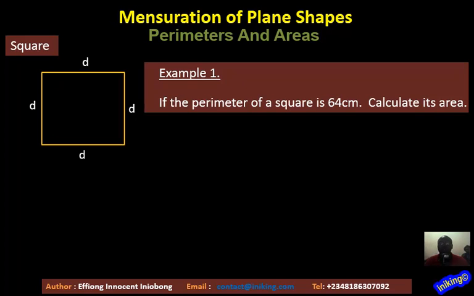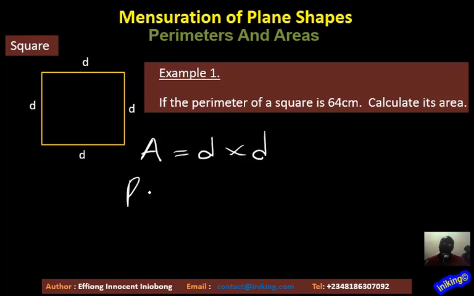The first one we have here is, if the perimeter of a square is 64 centimeters, calculate its area. I'm looking for the area of a square. We know that if the length of the square is D, then the area will simply be D times D. But we are told that the perimeter is 64.